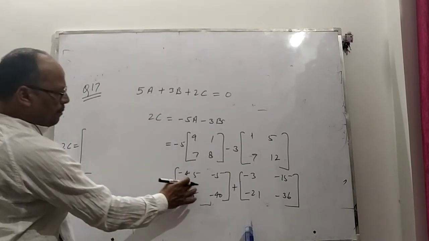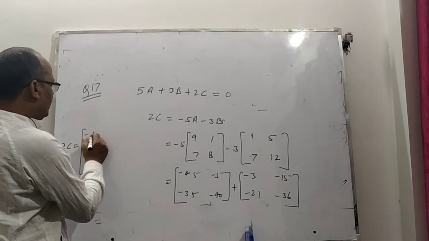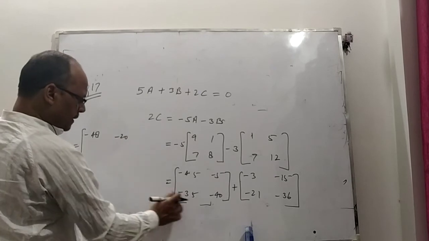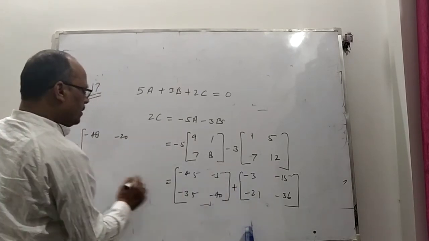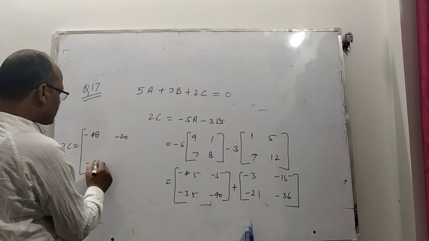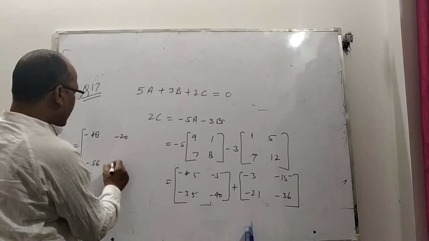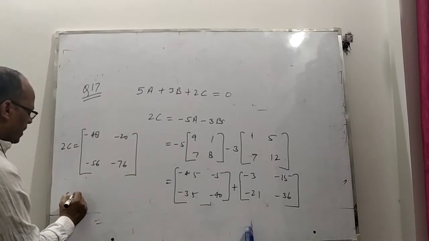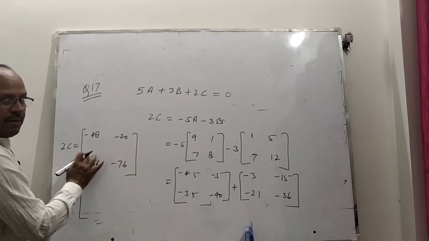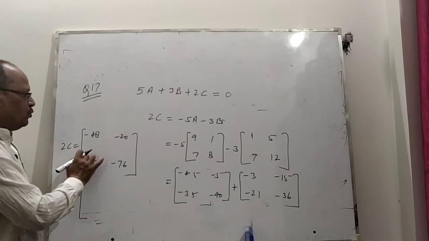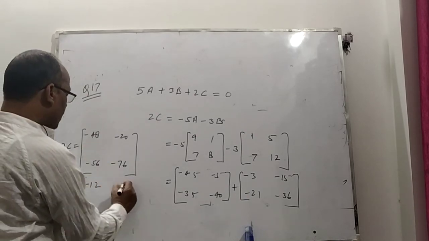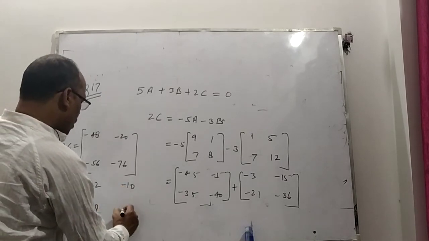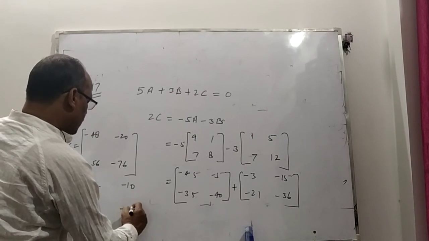You operate this: minus 45, minus 3, minus 48, and minus 5, minus 15, minus 20, minus 35, minus 21, minus 56, and minus 76. Now matrix C will become, each element of this matrix will be divided by 2. So minus 12, minus 10, minus 28, and minus 38.